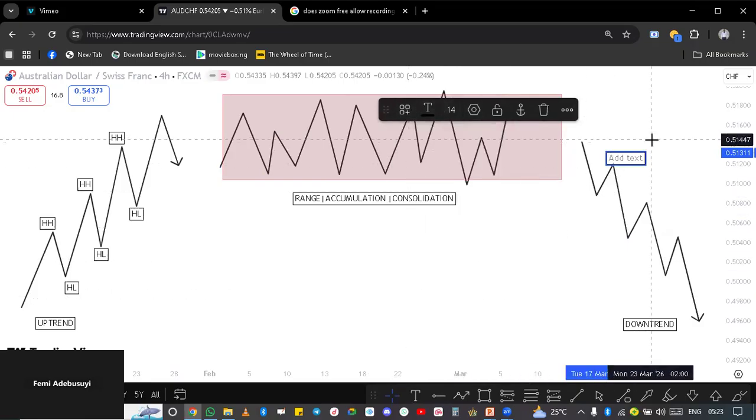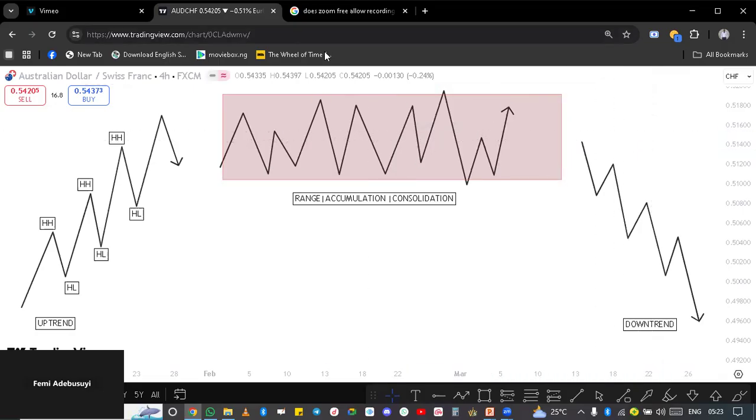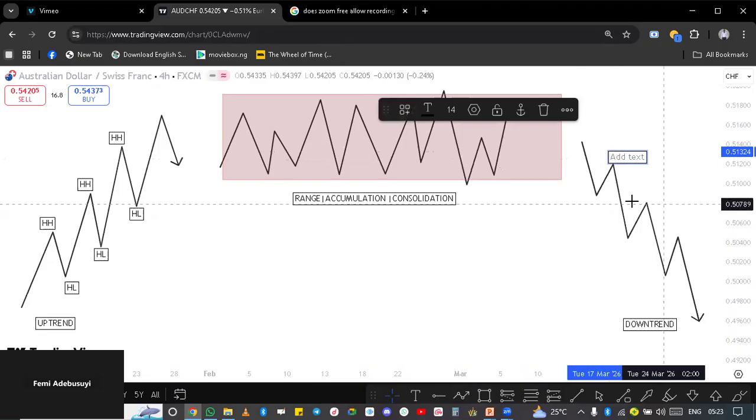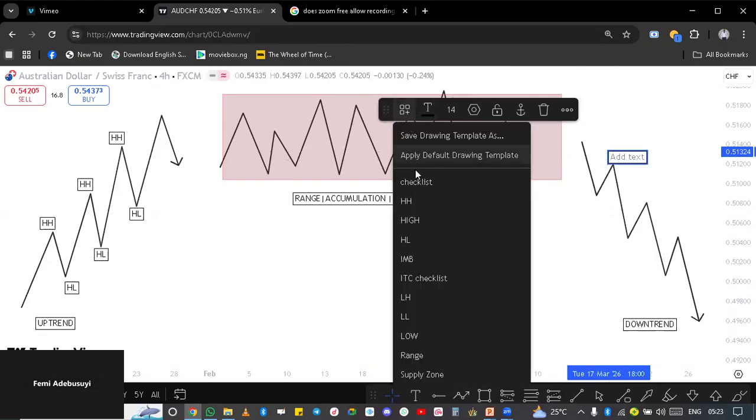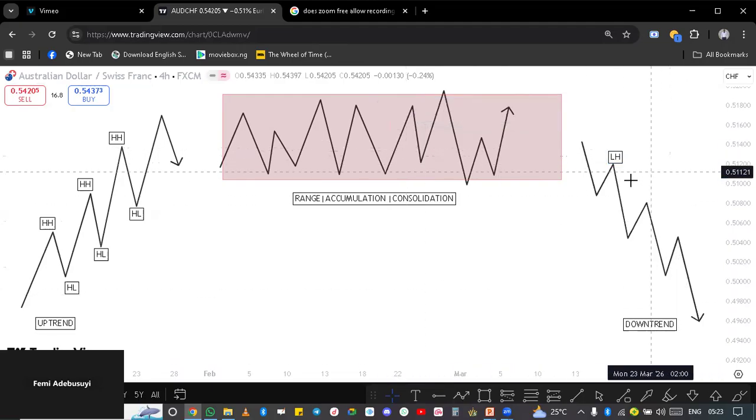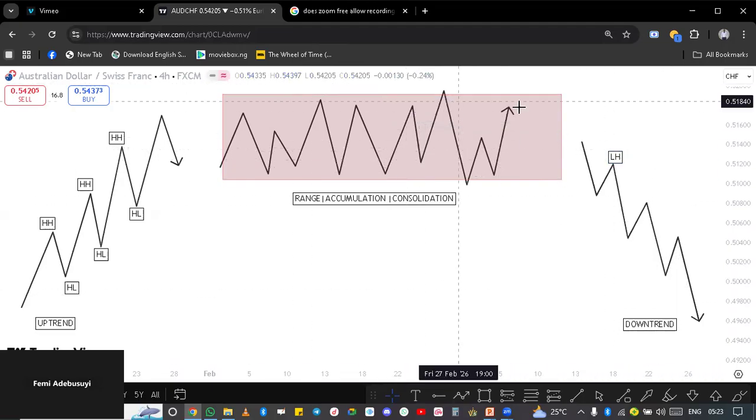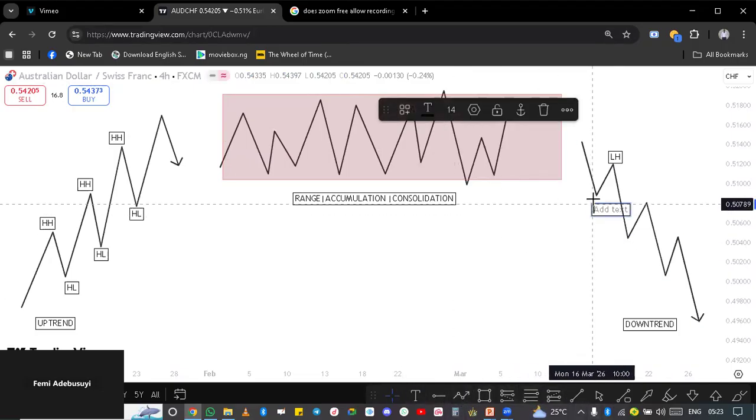So here we get to have the what? Okay, hold on a bit. The lower highs and the lower low. Lower highs are beautiful. So we have the lower highs, and of course below we have the what? We have the lower low right here.